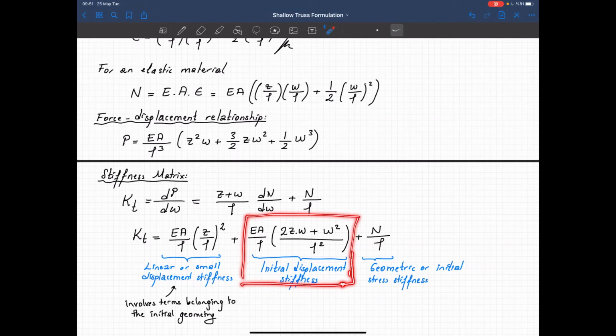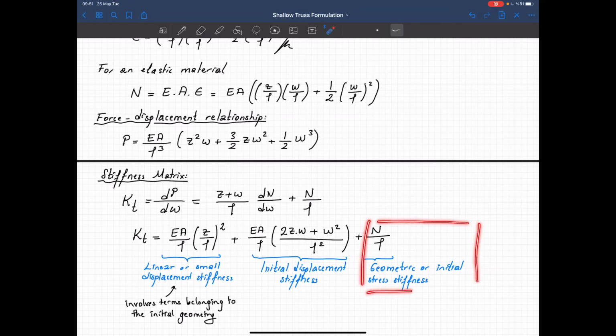Your structure deformed, so how do your stiffness terms change? So that's that part. And we also have the effect of the internal stresses. Your structure has internal stresses and it moved. Now, the effect of these internal stresses due to the deformations is described in this part of the stiffness matrix.